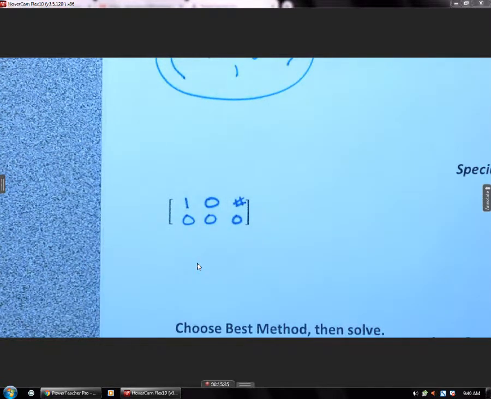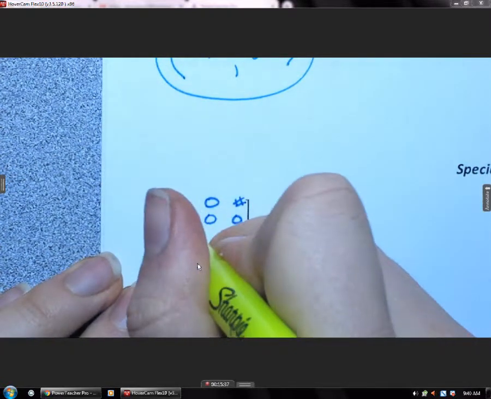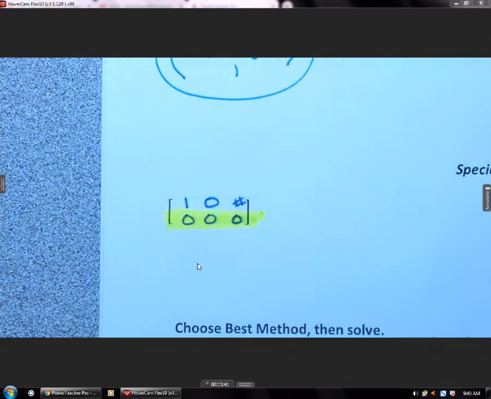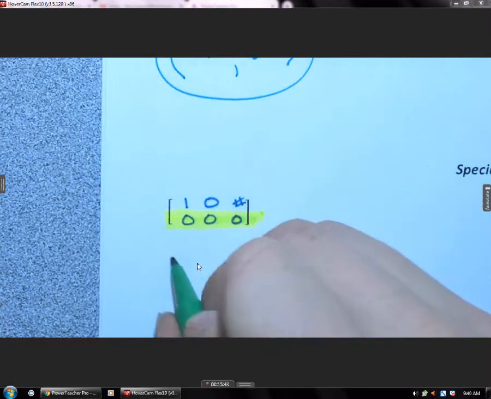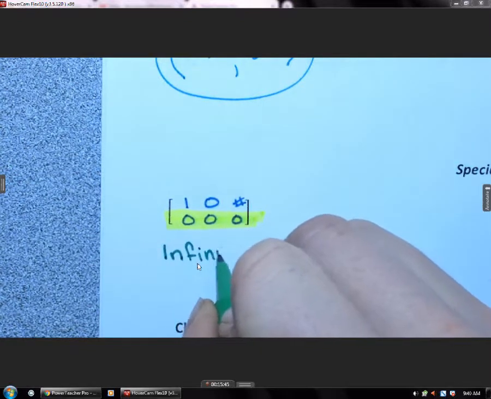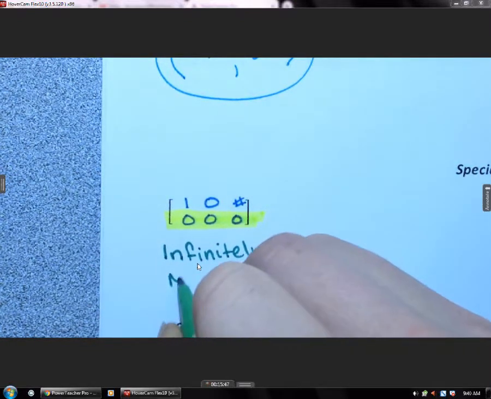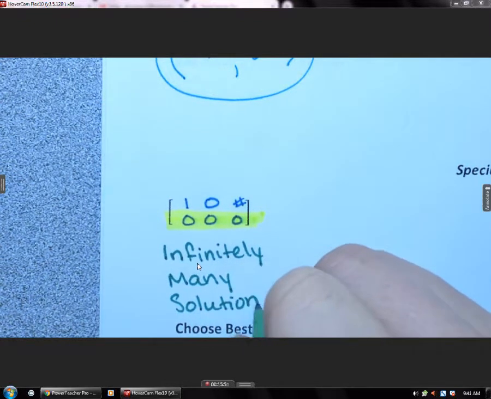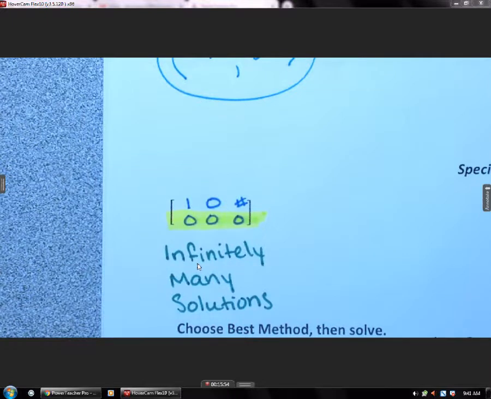The thing that's different is that when you have all zeros on the bottom, that means you're going to have infinitely many solutions.